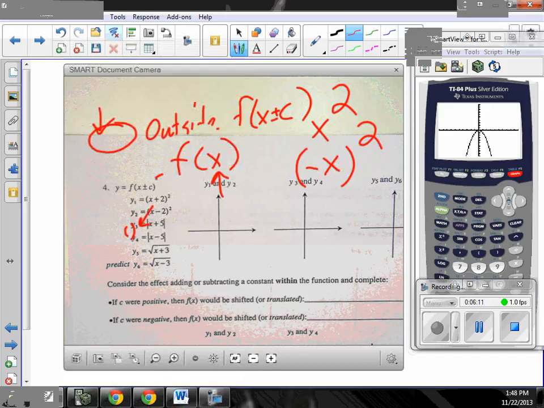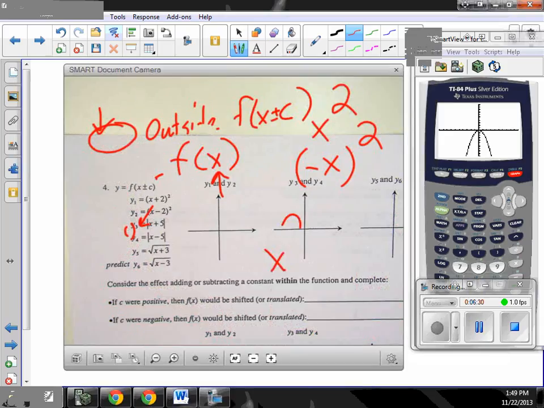Okay? So for each number, you need to figure out what that transformation does. So graph all of those, and I'll come around and help you out. But you'll notice that adding 2 inside does something different than adding 2 outside. So if I had x squared, and I wanted to add 2 on the inside, what would it look like?